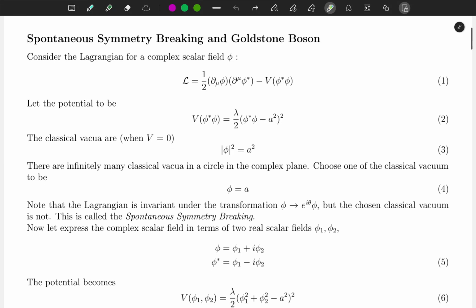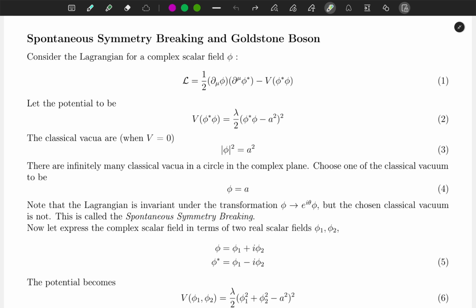To discuss the Higgs mechanism, the first thing we have to know about is spontaneous symmetry breaking and Goldstone bosons or Goldstone fields. I assume you know the basics of classical field theory.